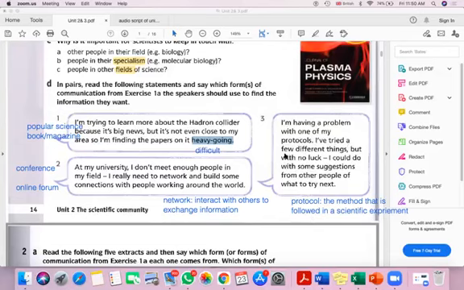I have tried a few different things, but with no luck. I could do with some suggestions from other people of what to try next. So this person, for example, can go to a conference and show his work in order to see solutions for this problem.